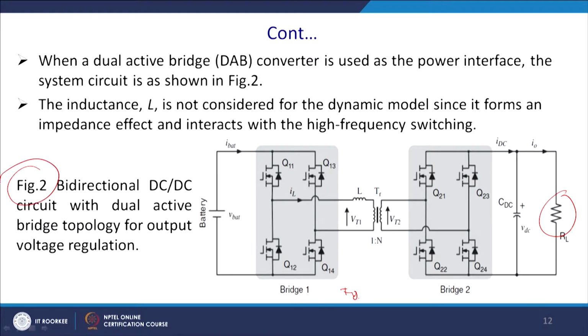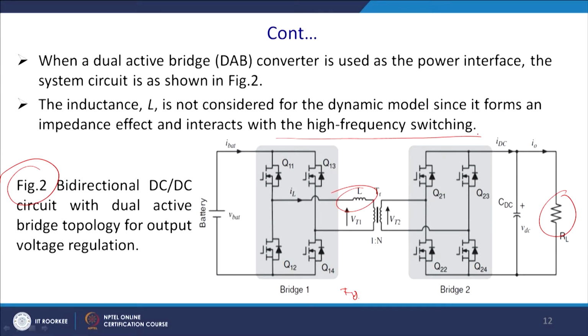The inductance L here is not considered for the dynamic modeling, because it is a leakage inductance. In a sense, it forms an independent impedance effect and interacts with the high frequency switching.